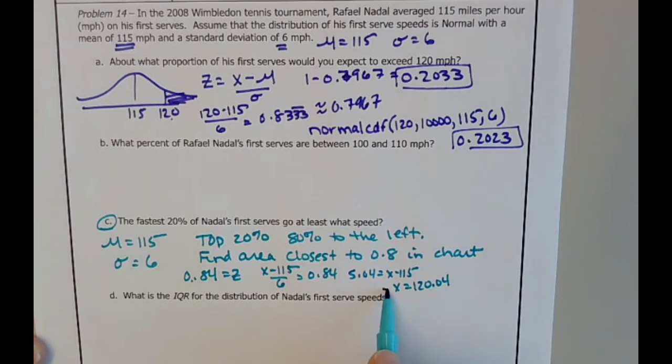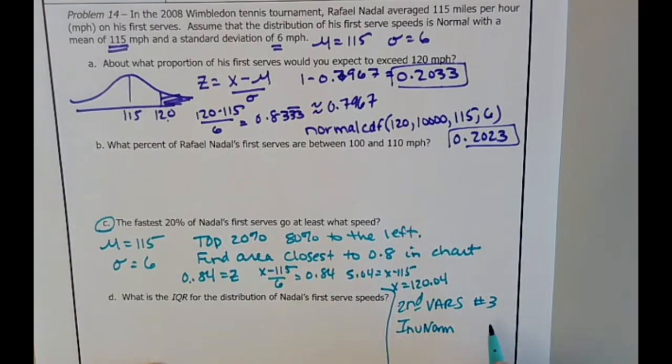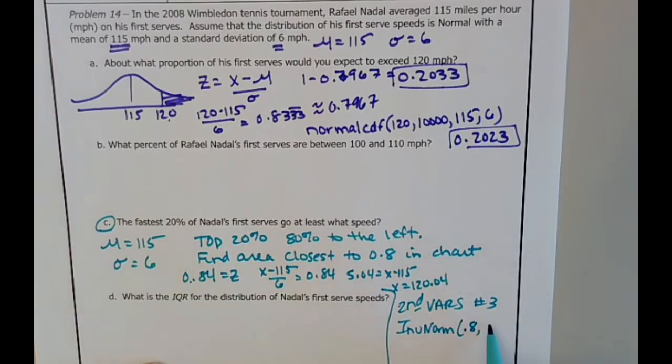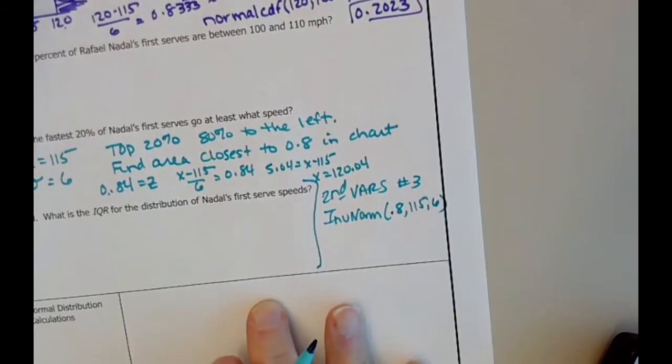Or on our calculators, we go second VARS, number 3, and get inverse norm, 80% or less, so we put 0.8, 115, and 6. I realize you can't see that, so let me move that up a little bit.